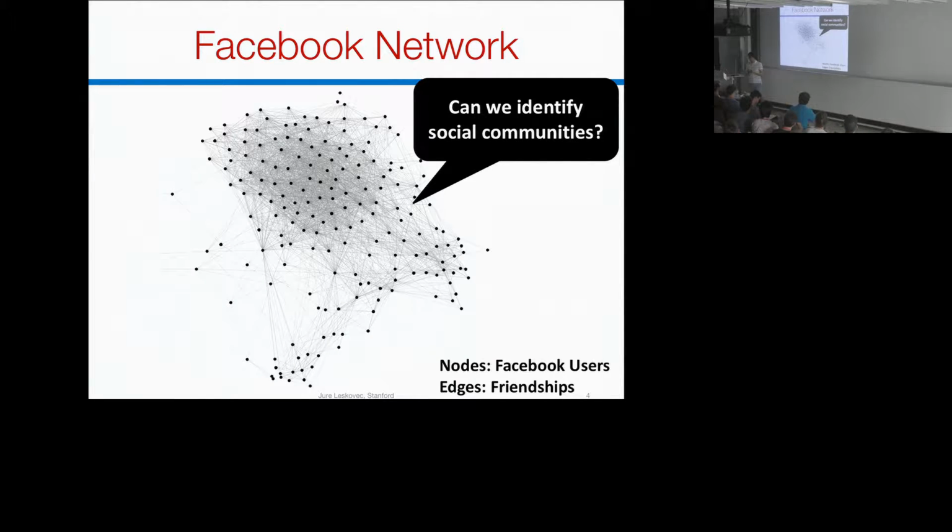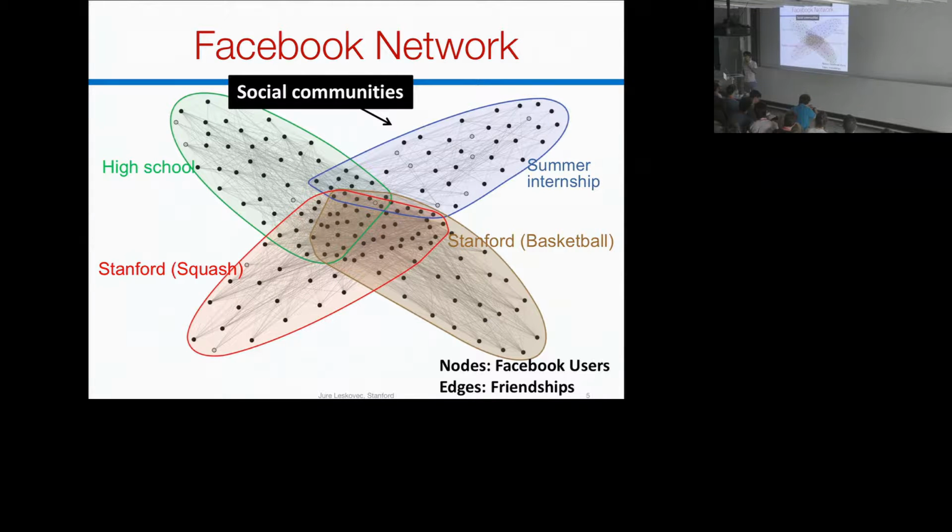It turns out if you take this to the student and ask them, can you manually classify your friends into social groups, this is what they come up with. They say, I have four groups of friends. They are friends from my summer internships, from my high school, and then two groups of friends I do sports with.